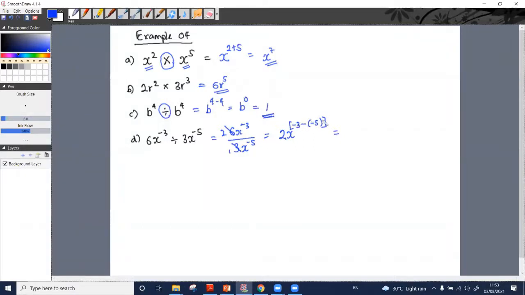So -3 plus 5, the answer will be 2x to the power 2. Have you got that? Not 2x to the power -8. I think you missed it here. It is -3 deduct -5.